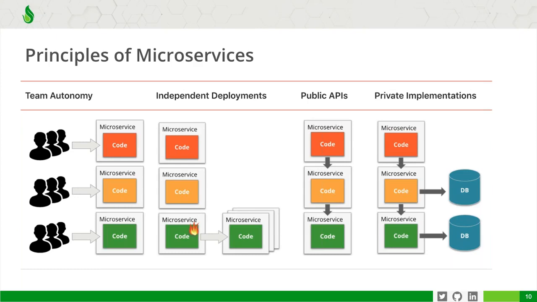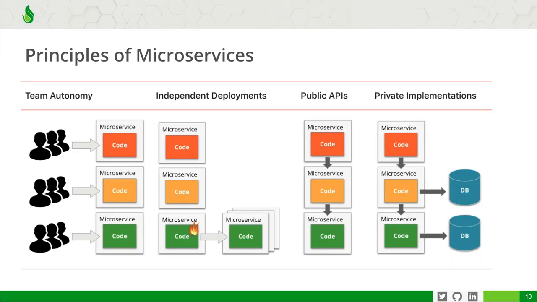This leads to the final principle: all the implementation details of the microservice ought to be kept private. If you're exposing, say, a RESTful API and behind the scenes you're using a database, that database should only be consumed by the microservice that owns it.